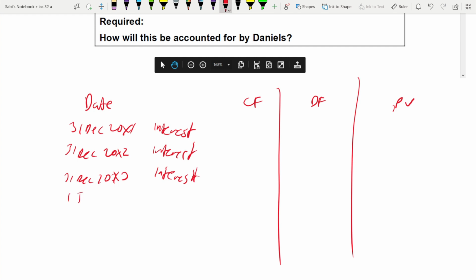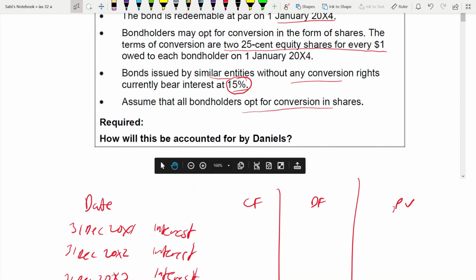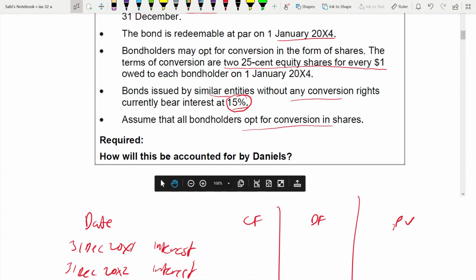And 1st of Jan 2004, it is the principal amount. Because it's a bond, right? A bond is a debt. So for debt, we are paying interest and then at the end, the principal amount. Because they told us it is owed till 1st of Jan 2004.